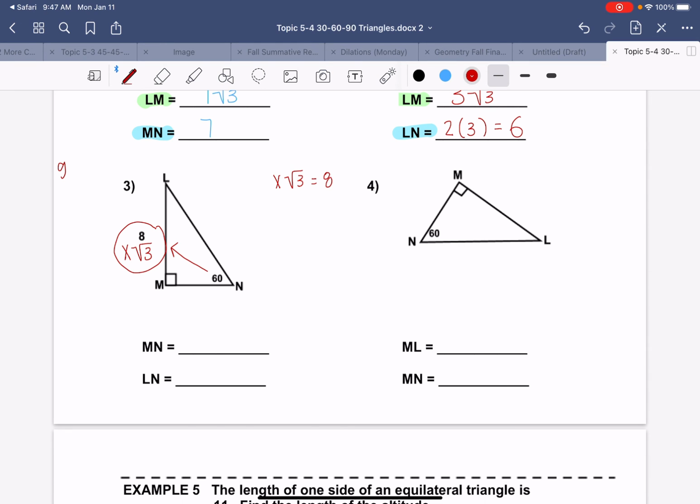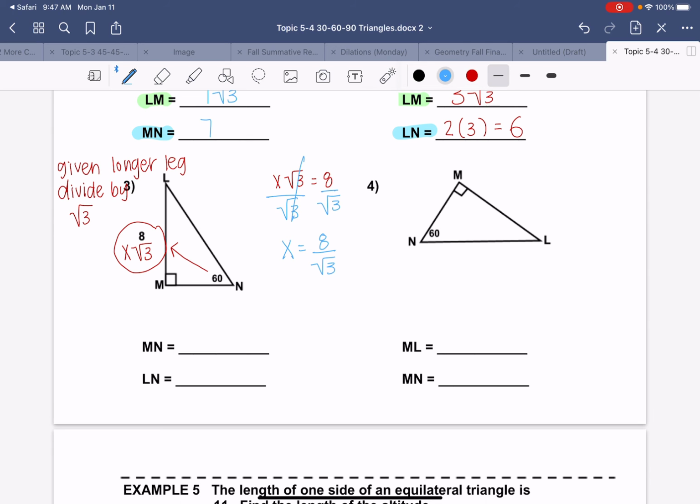When given the longer leg, we need to divide by the square root of 3 in order to find the value of x, because when we have x, we can find anything. So x equals 8 divided by the square root of 3, and that's the value of x everywhere.